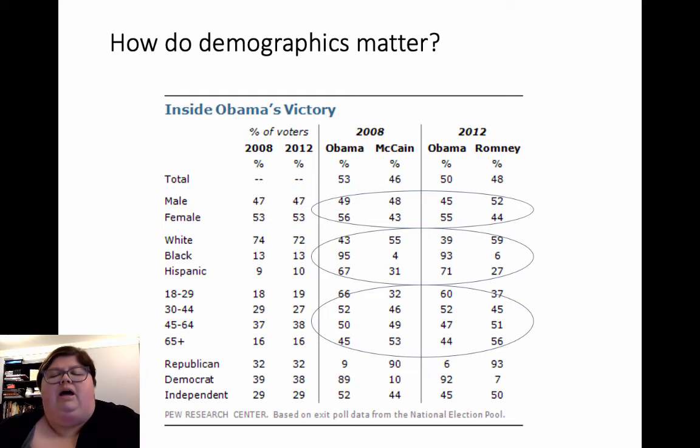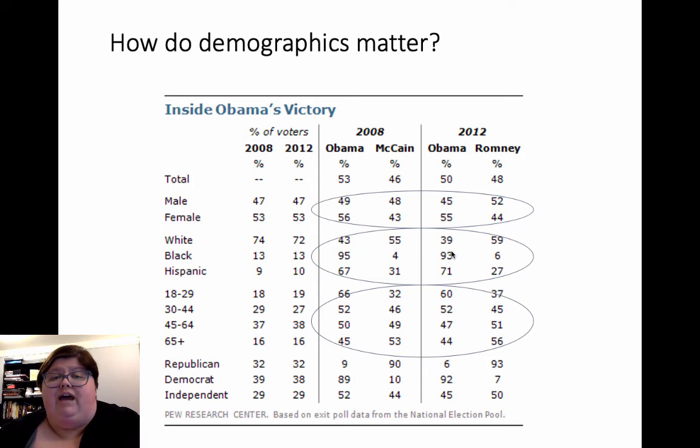So, for a moment, I want to talk about demographics because we talked last time about how demographics matter in turnout. Well, I want to show you between 2008 and 2012 how demographics matter in what actually happens in an election. This is unlike 2016, which is a little wonky, although follows similar patterns.